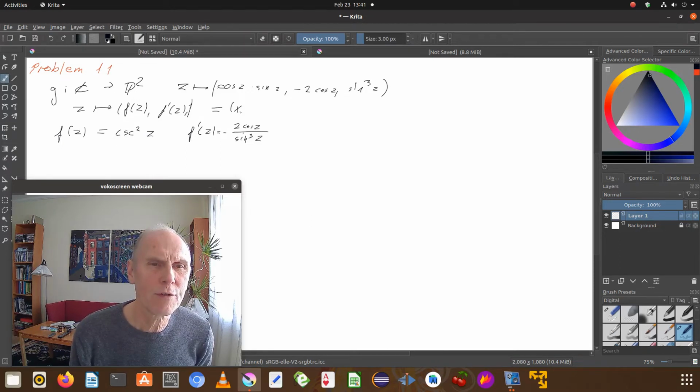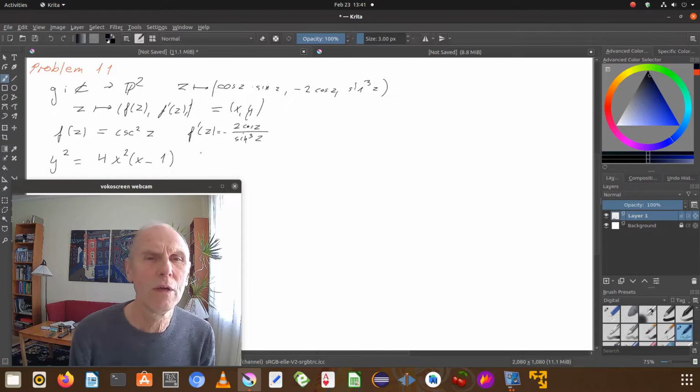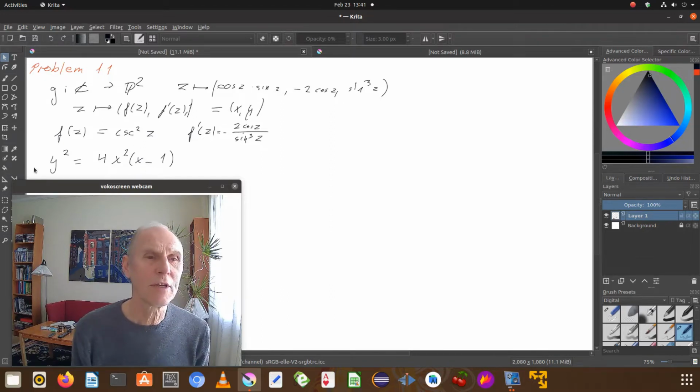We denote this as (x, y), then y squared equals 4x to the third, or just to the second, times x minus 1. So will all points of this curve be hit by this function? And now I've written it as an affine equation.